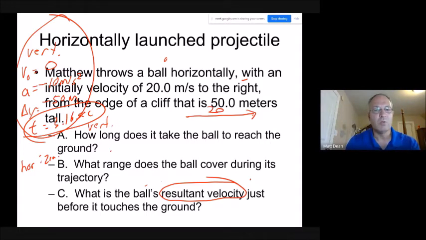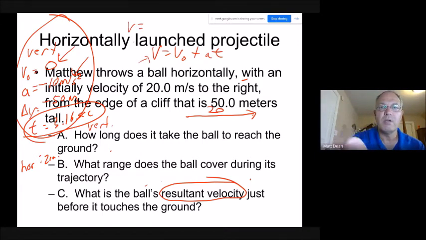What we don't know is the vertical speed, and we're going to have to calculate that. We know we start off with a vertical speed of 0 and that we accelerate at negative 10. So let's use this kinematic equation right here, V equals V0 plus AT, and let's use that to solve for the final vertical speed.